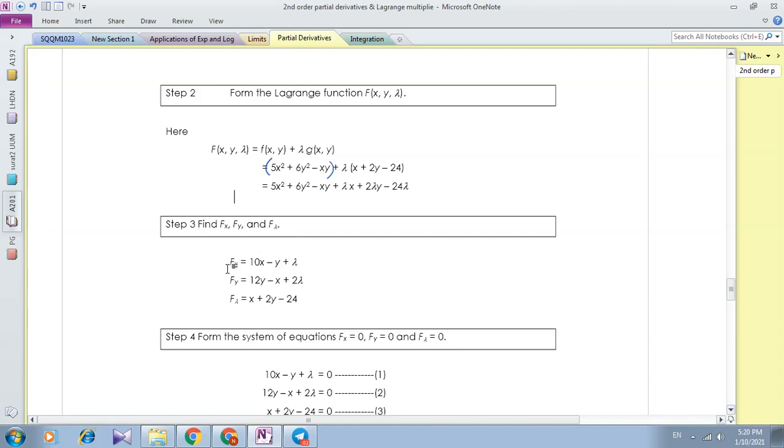All right, so F of x. Let me demonstrate for capital F of x.